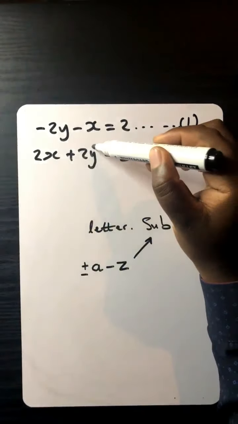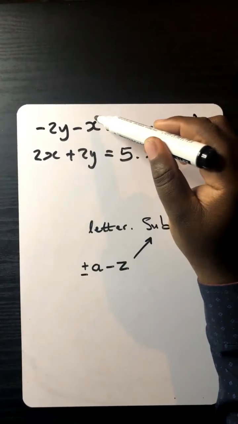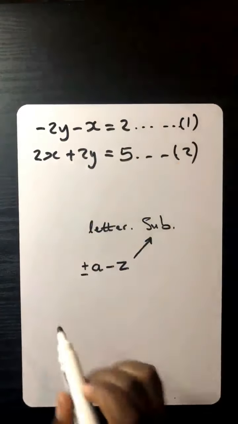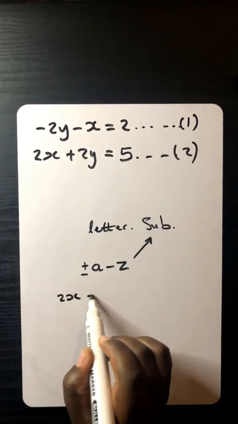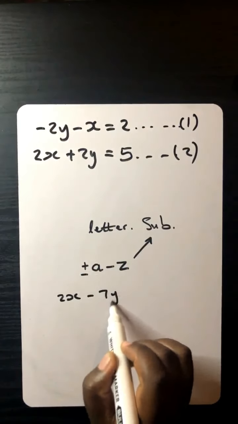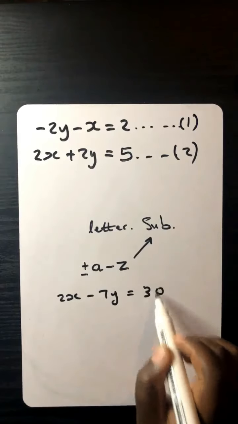Normally when you need to apply the elimination method, that's if, for example, you notice you've got a term which is the same in both equations. Let's say, for example, you've got 2x minus 7y, and this is equal to 30.